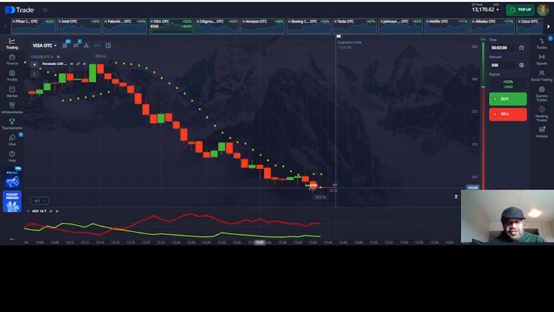And thirdly, the minus red DI line and the plus green DI line of the ADX are diverging. All of these confluences suggest continued bearish momentum to the downside over the next 2 minutes. So let's monitor this trade and wait for the expiration at the end of the 2 minutes.